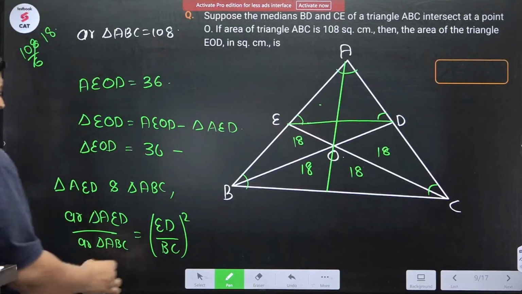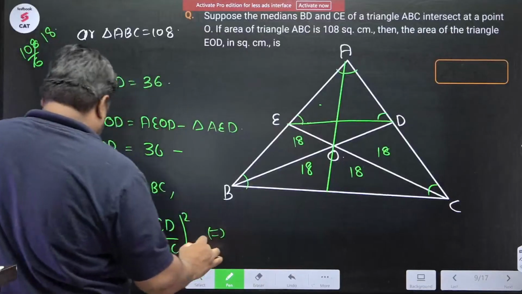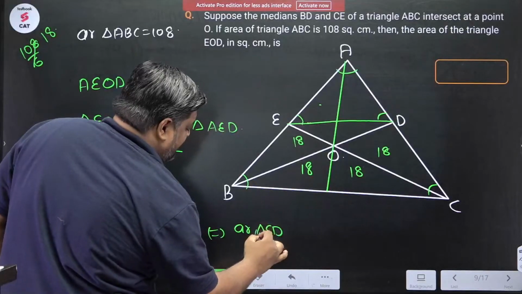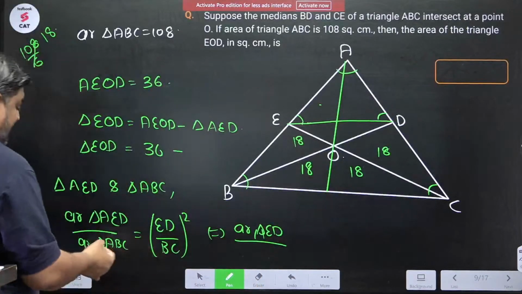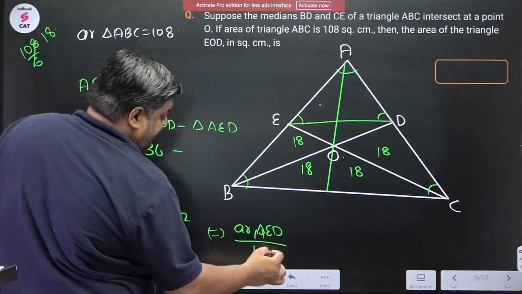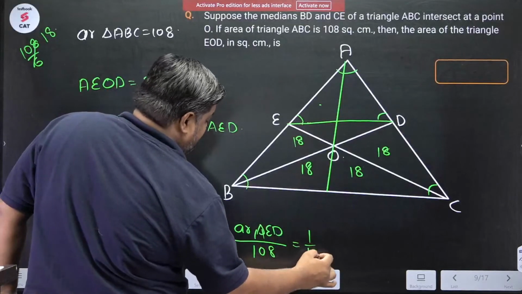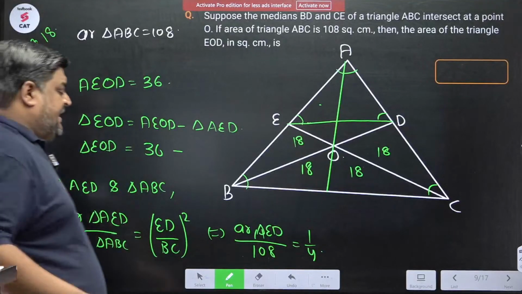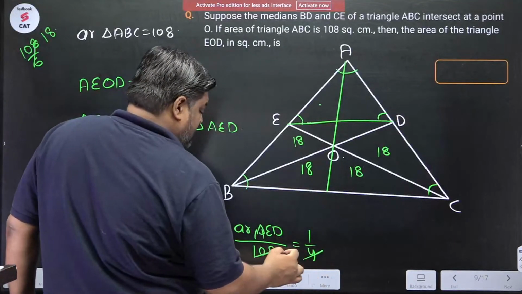Now I can write this as area of triangle AED. I know area of triangle ABC is 108. This is 1 by 4. Okay. So AED is how much? 27.